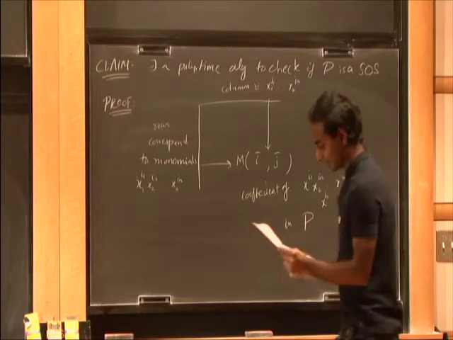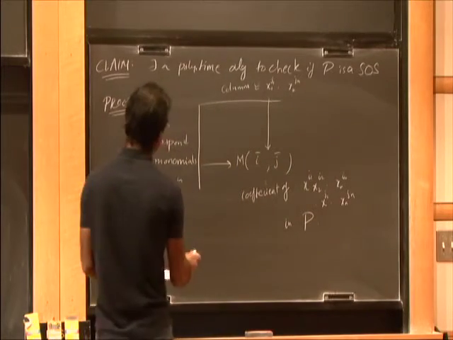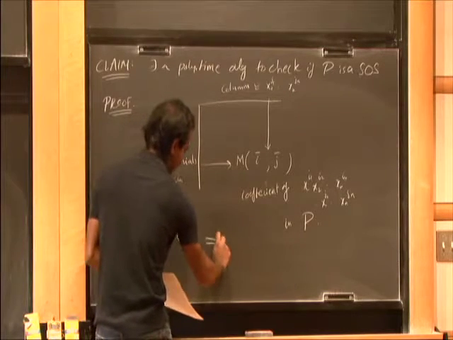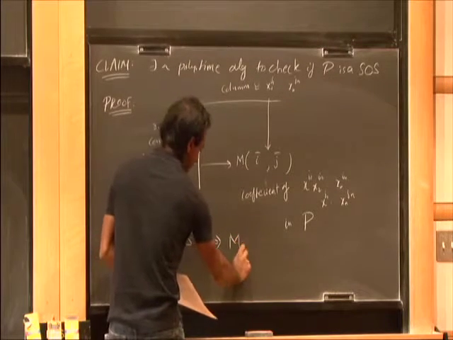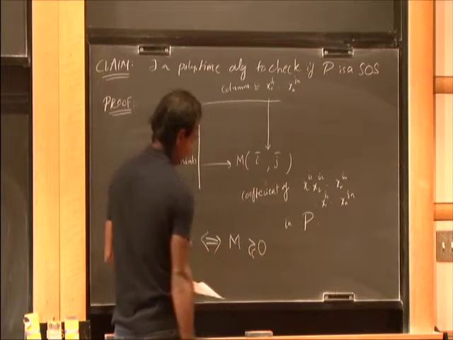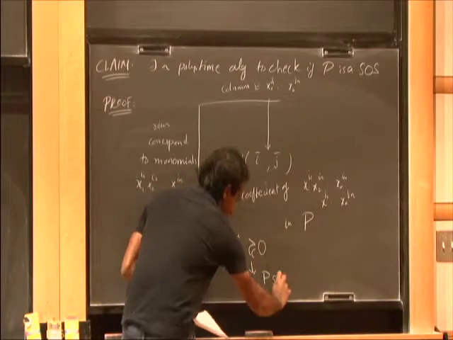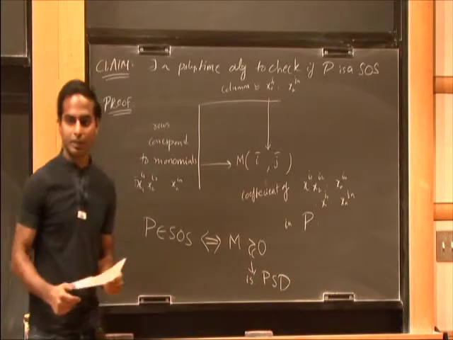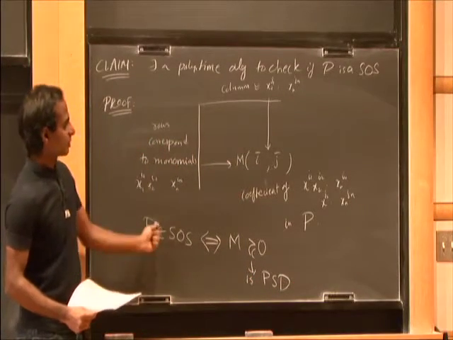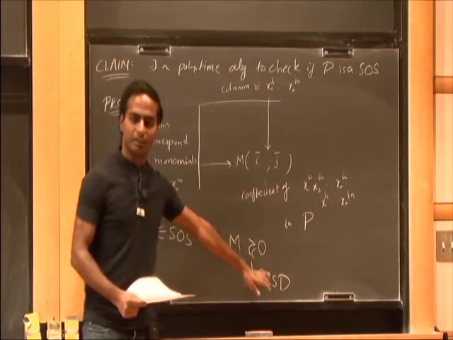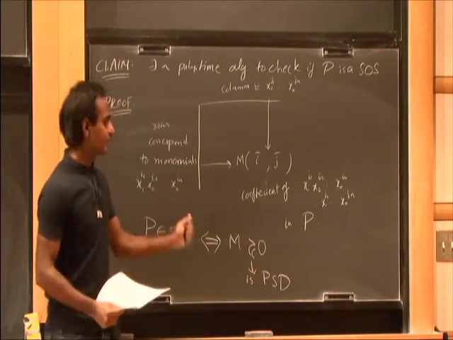It's straightforward. You just do some calculations, and it turns out that P belongs to SOS if and only if M is positive semi-definite. So P is a sum of squares polynomial if and only if this matrix is positive semi-definite, and this is easy to check.